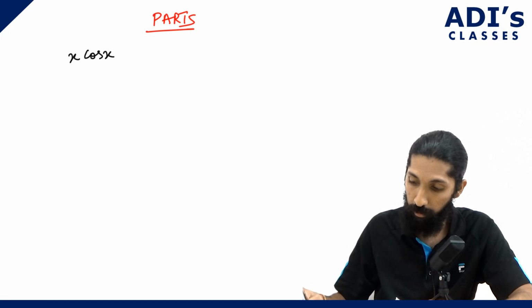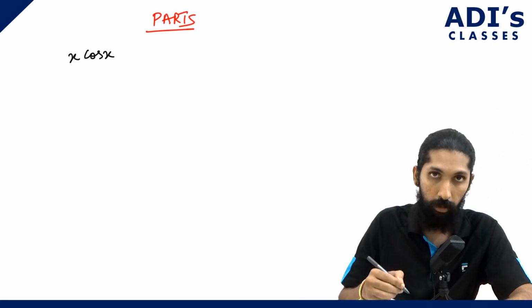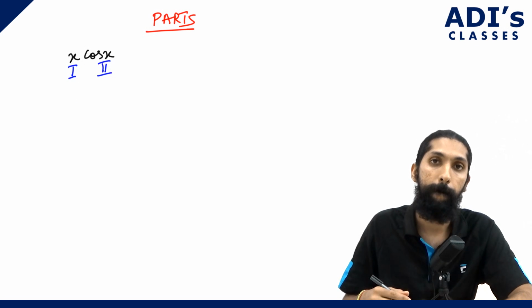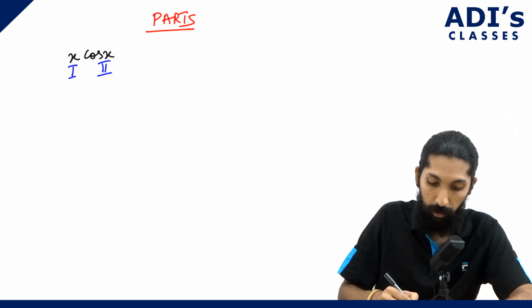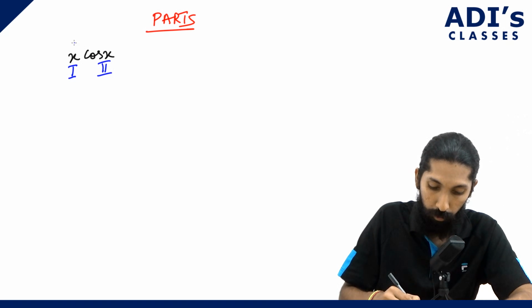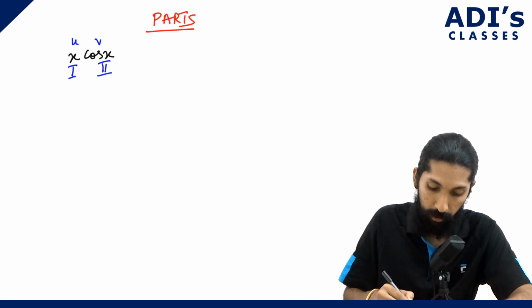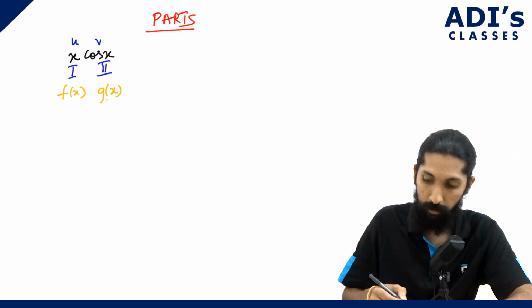All right. So in this case, x becomes the first function, cos x becomes the second function. Say we'll call this u and we'll call this v. Or you can also call it f of x and g of x.